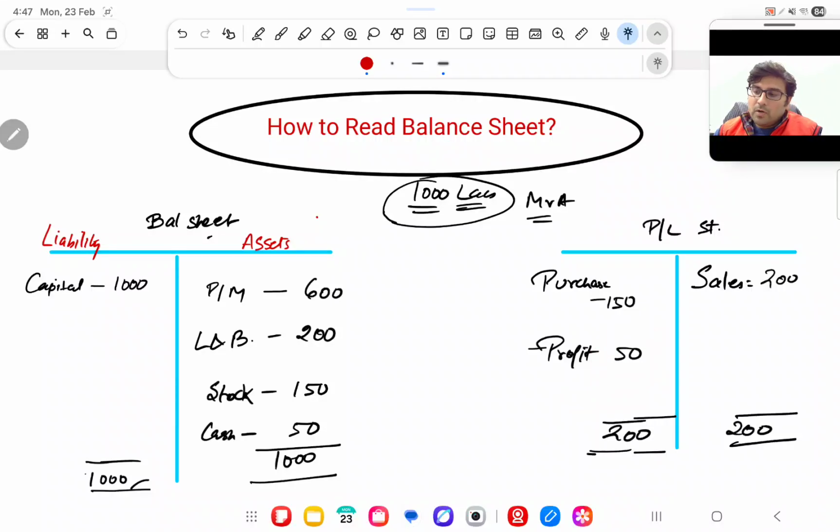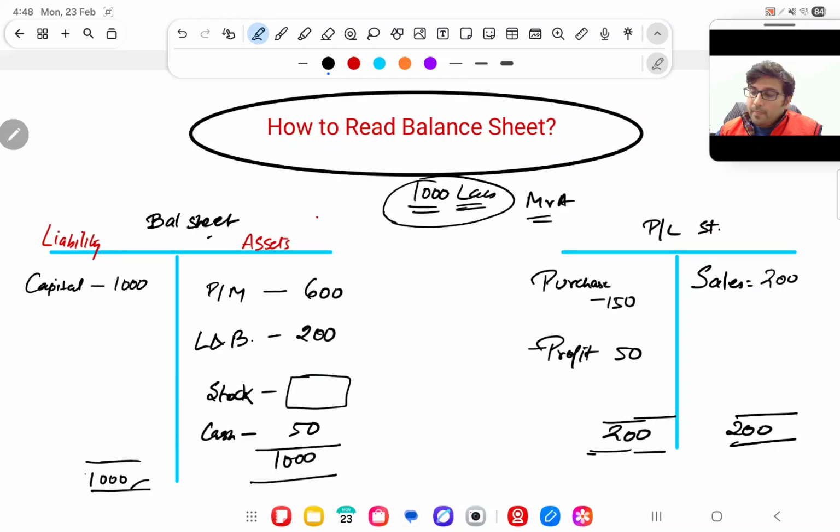Now how this profit will affect, how this stock will affect the balance sheet, let us understand. When the company has sold the entire goods of 150, this should not be in the books because these goods are gone, completely gone. So we'll remove this.